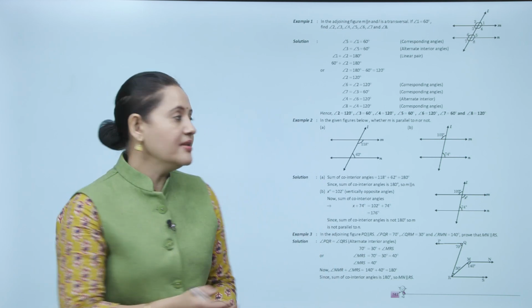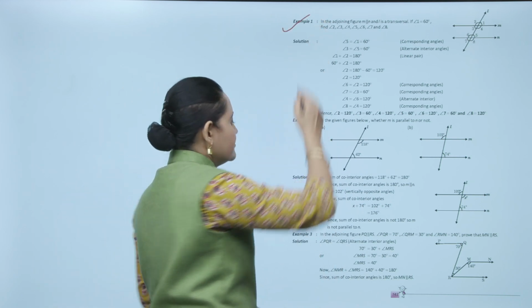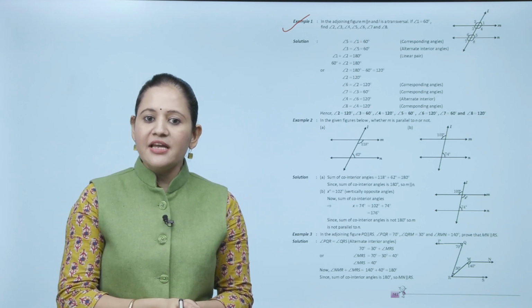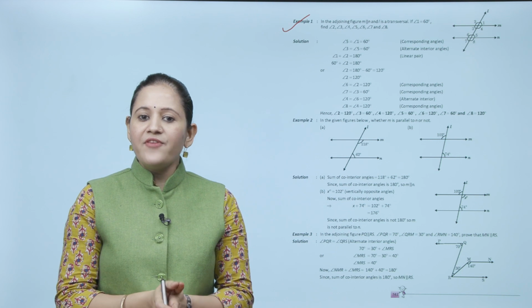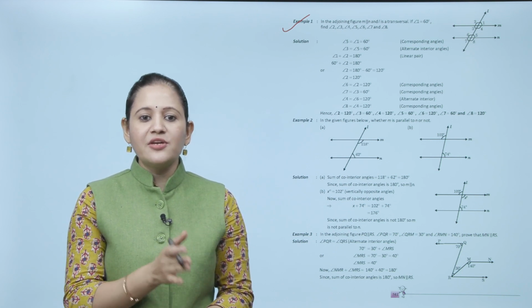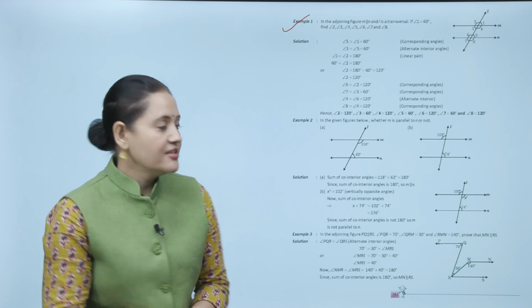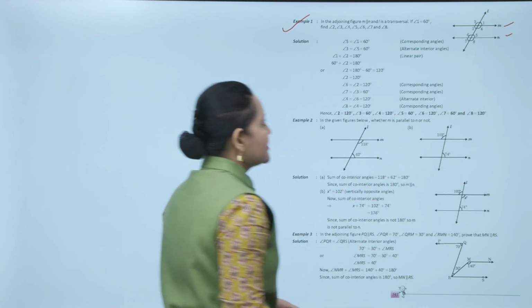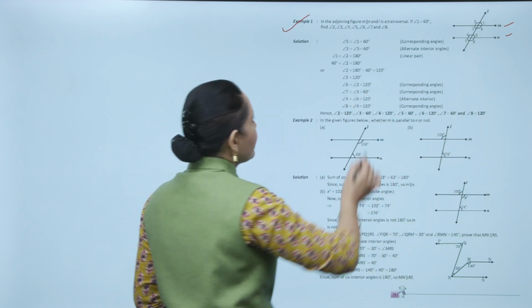Now we'll take an example. In the adjoining figure, M is parallel to N and L is the transversal. If angle 1 equals 60 degrees, find the values of angles 2, 3, 4, 5, 6, 7 and 8. So these two lines are parallel and L is the transversal.